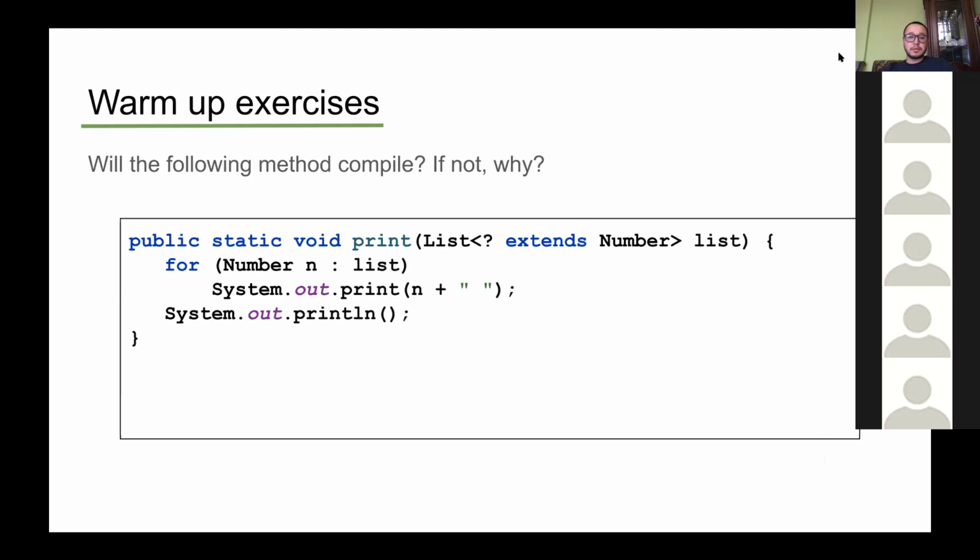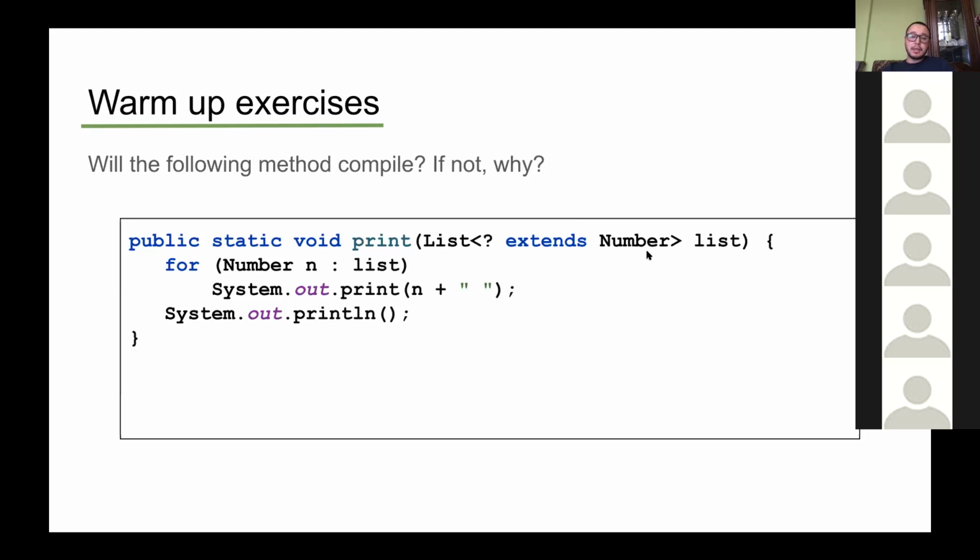Yes, that is correct. So is this function legal? Yes, it is. Thank you. So this is legal. Basically, it says I'm expecting a list of objects whose parameter class extends from Number.